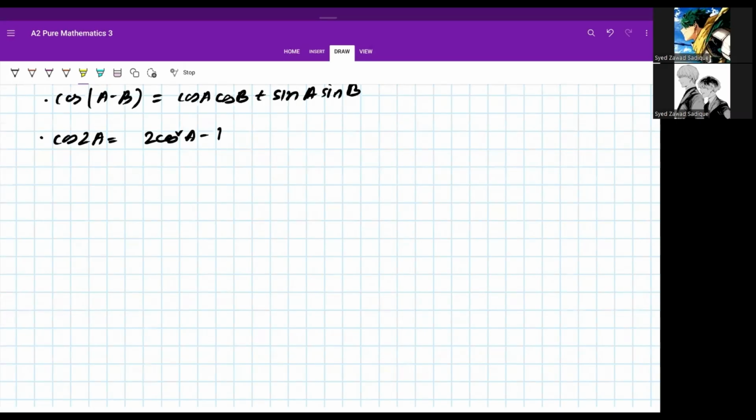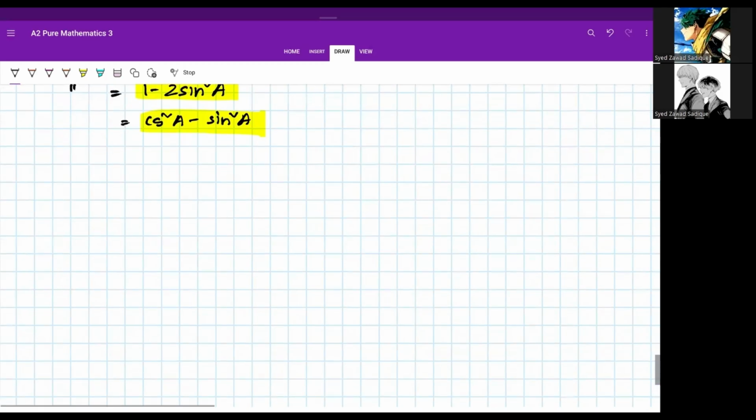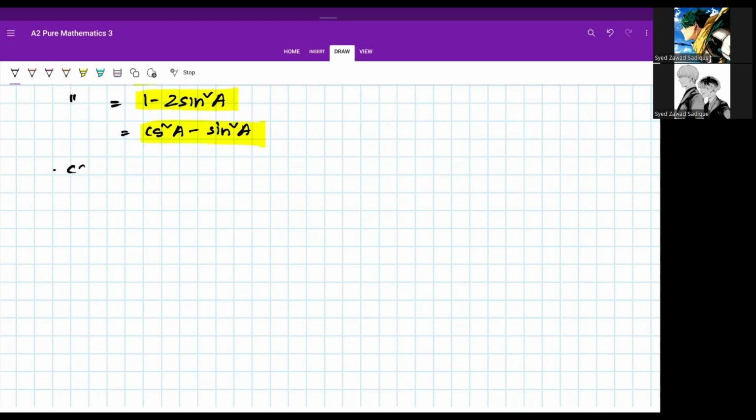So you can write this. It can also be written as 1 minus 2 sine square A and also as cos square A minus sine square A. So these are the three formulas. Very important. Then we have cos square A can also be written as half 1 plus cos 2A.